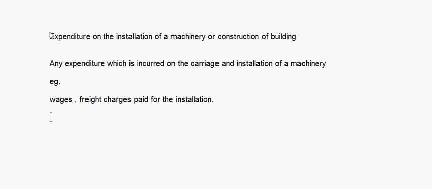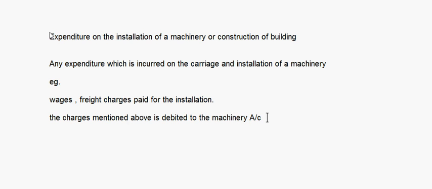So in such cases, the charges mentioned above, that is whatever is pertaining to the installation of a machinery, that is debited to the machinery account. Debited to the machinery account means it is included in the cost of the machine now, right? So we can generalize it.